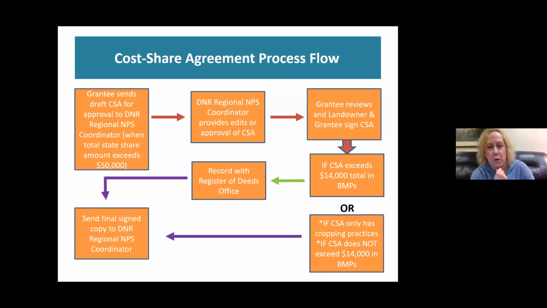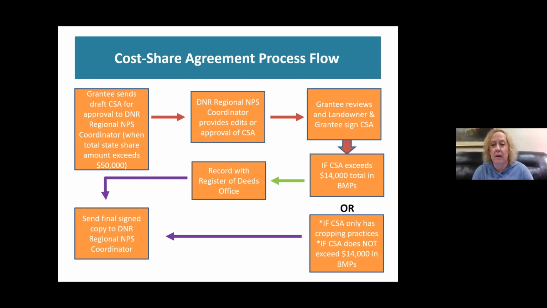Yep. What you need to do is put your draft cost share agreement together, and if the total state share, not the total cost, but the total state share, exceeds $50,000, you need to send that draft cost share agreement to your regional nonpoint coordinator for review prior to anybody signing it. So once you receive the approval from DNR, then you can proceed with the landowner or the operator signing it.